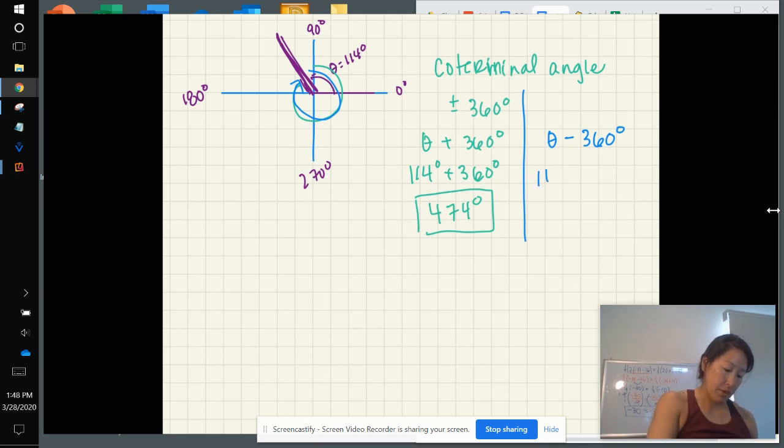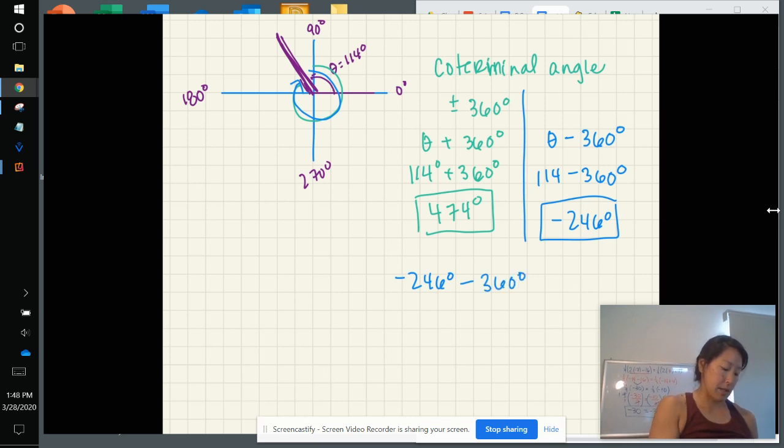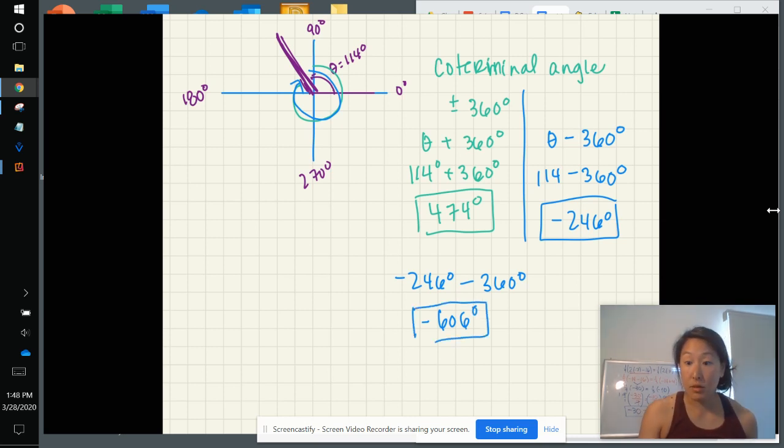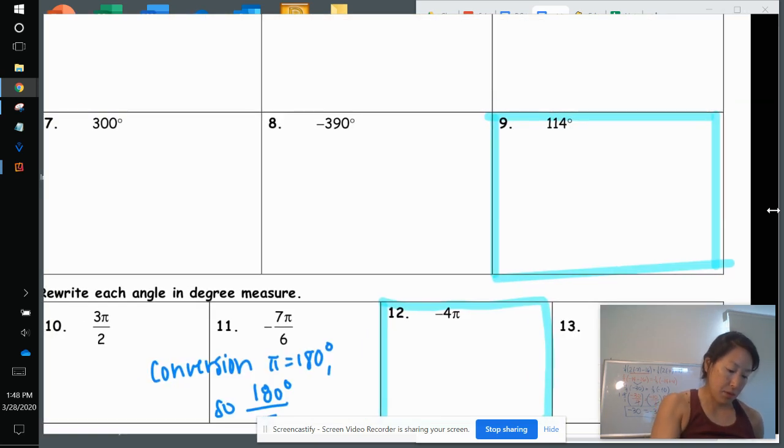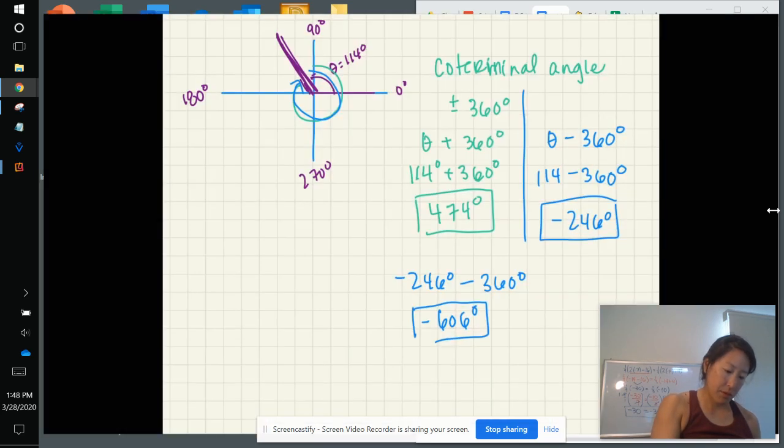So 114 minus 360 is negative 246. We could do this for days. Here's another coterminal angle: negative 246, and I subtract another 360 degrees. Negative 606 degrees. There are an infinite number of coterminal angles. So we have a positive one of 474.